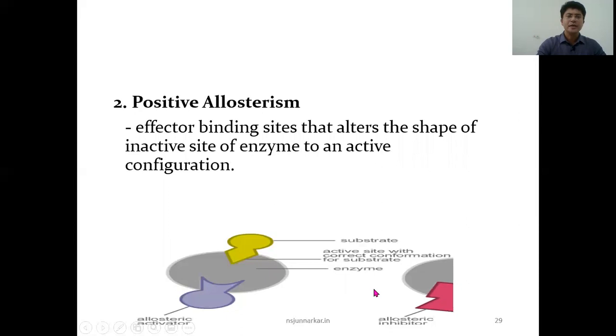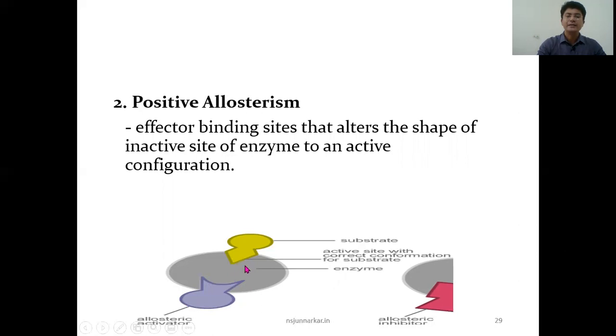Positive allosterism: here the effector binding site alters the shape of the inactive site of the enzyme to an active configuration. When the activator molecule binds to the allosteric site, it arrests the enzyme in a conformation which can be easily accessed by the substrate.